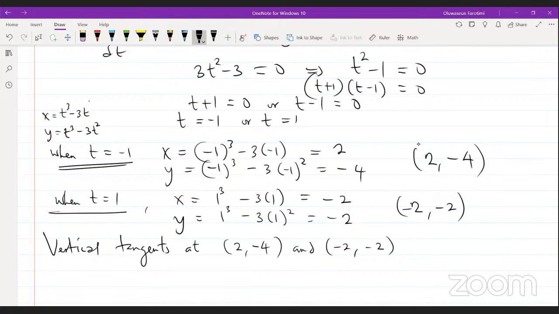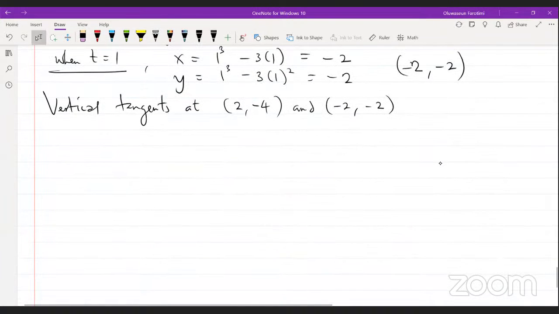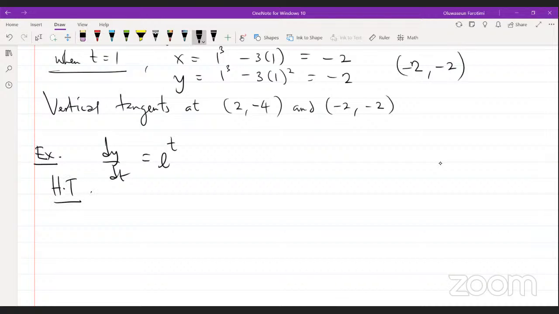For an exponential function, for instance, another example: suppose dy/dt is like e to the t, and I want to find the horizontal tangent. Let's claim that this is non-zero. What do you do? You set dy/dt equals 0, so that means you're setting this equal to 0.